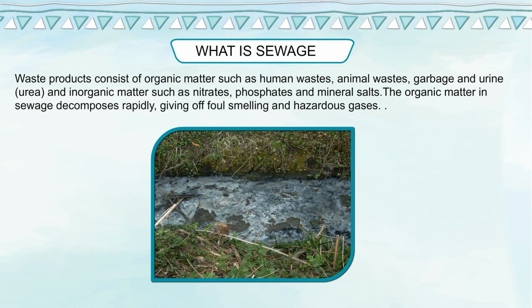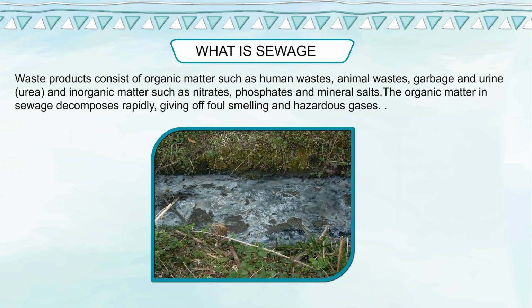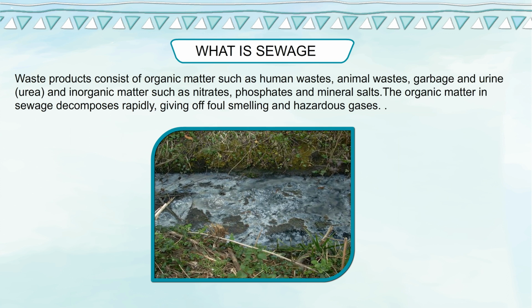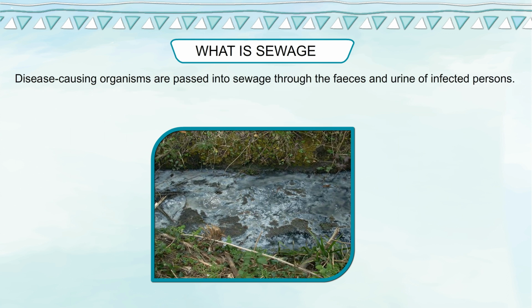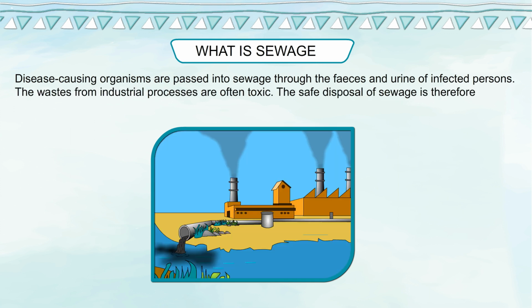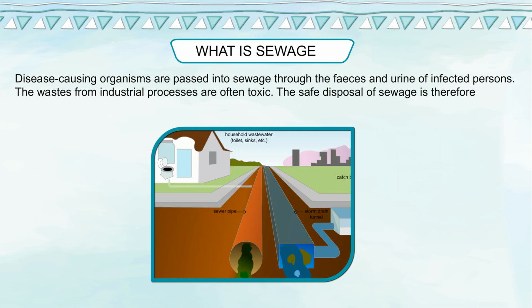The organic matter in sewage decomposes rapidly, giving off foul-smelling and hazardous gases. Disease-causing organisms are passed into sewage through the feces and urine of infected persons. The wastes from industrial processes are often toxic. The safe disposal of sewage is therefore essential for the health of a community.